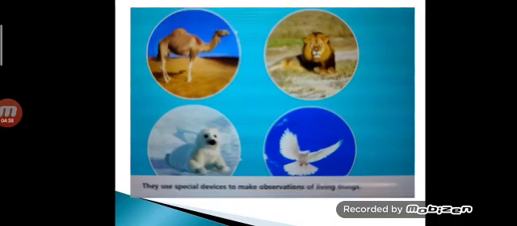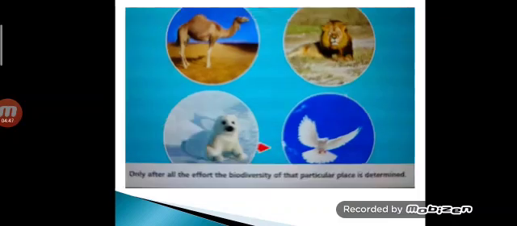So they use special devices to make observations of living things. Observations of many scientists are brought together and studied again, and only after all the efforts the biodiversity of that particular place is determined.